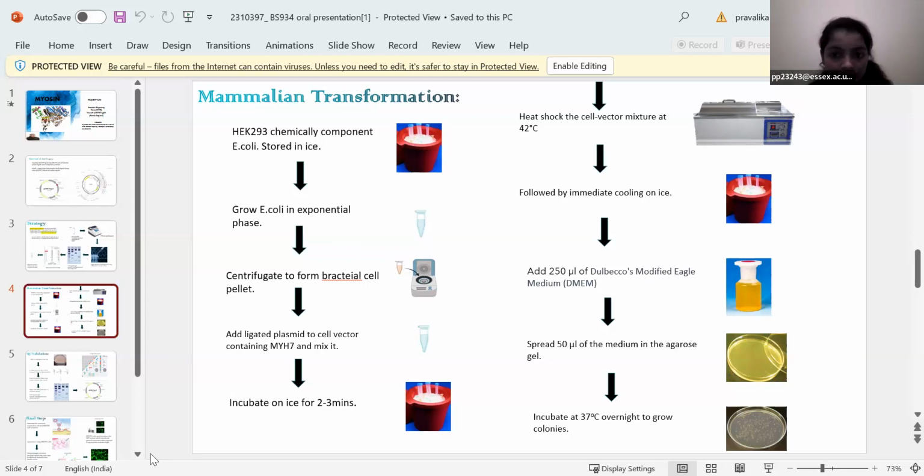I have taken Dulbecco's modified Eagle medium to this E. coli strain, and then we have to mix it, take 50 microliters of this medium, spread it on the agarose gel, and incubate it at 37 degrees centigrade overnight or for 24 to 48 hours.